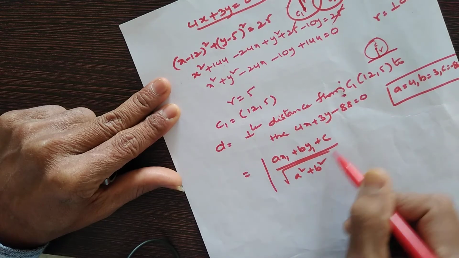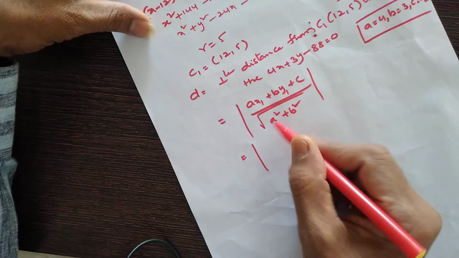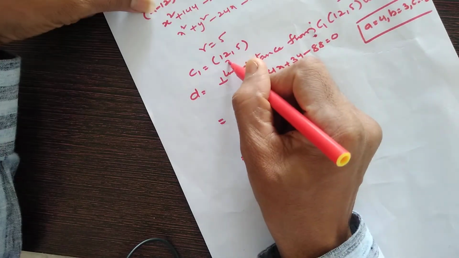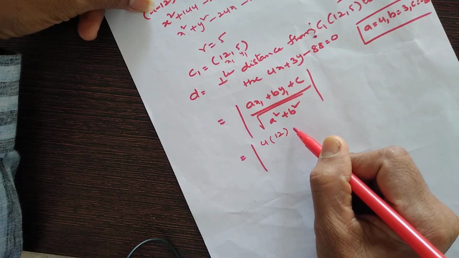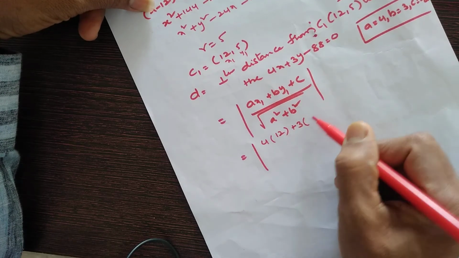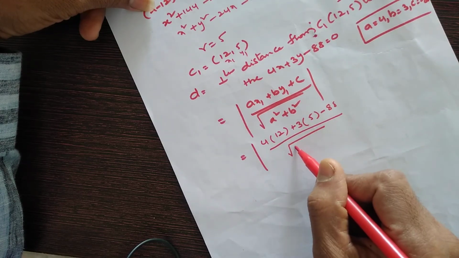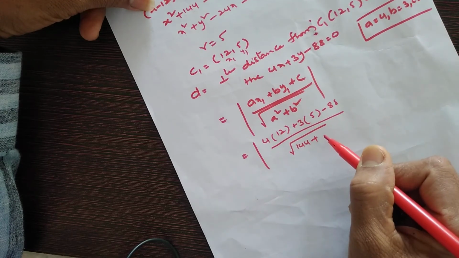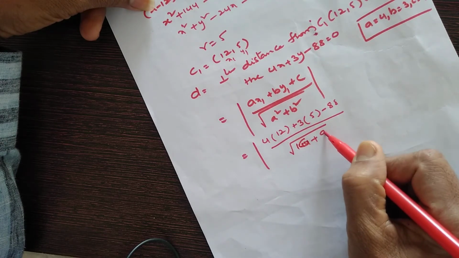This you know very well. Now a is 4, x1 is 12, b is 3, y1 is 5, minus 88, by the root of a square, 16, plus b square, 9.